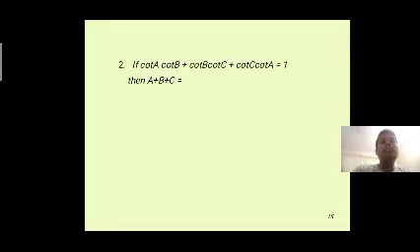Second question. If cot A into cot B plus cot B into cot C plus cot C into cot A equal to 1, then A plus B plus C equal 180 degrees, 0 degrees, 90 degrees, 360 degrees. What is the answer? 180 degrees.